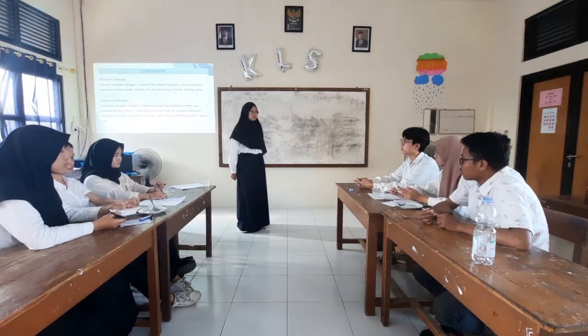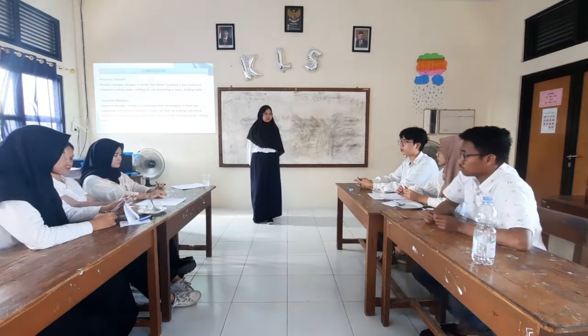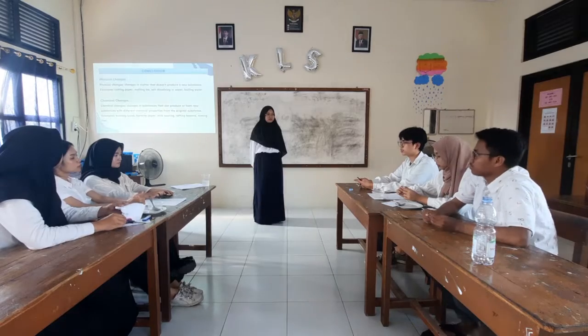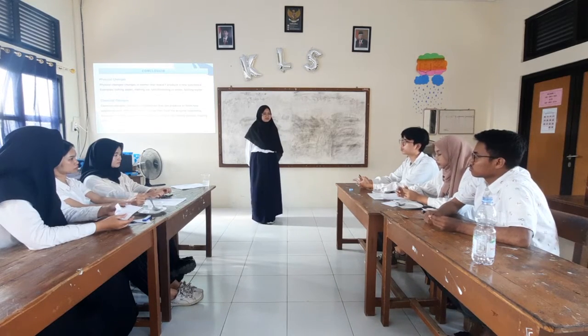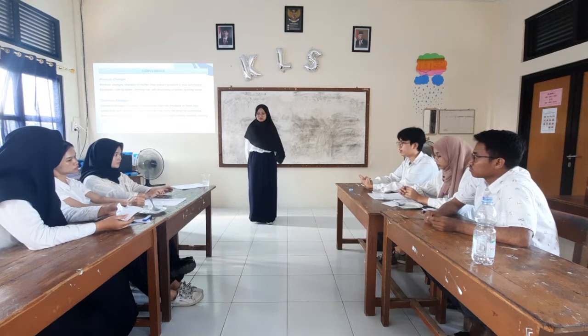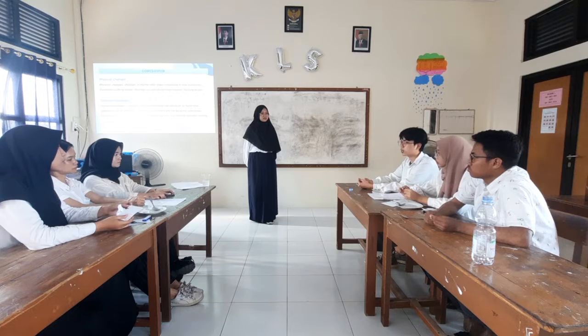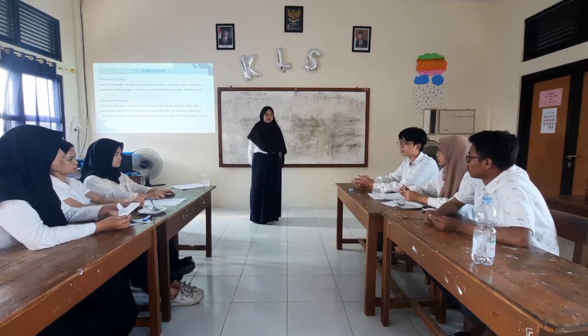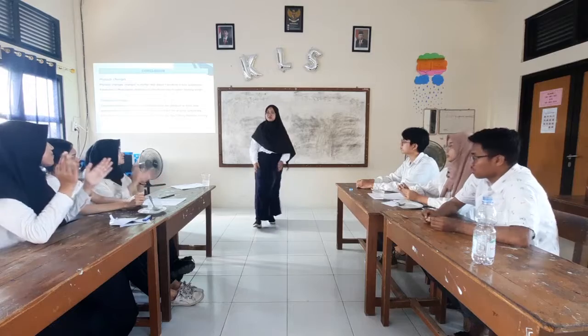The chemical changes are changes that form a new material or new substances. Examples of chemical changes are burning wood, burning paper, rotting bananas, rusting iron, milk souring, and others that form a new substance. Okay, please give applause.